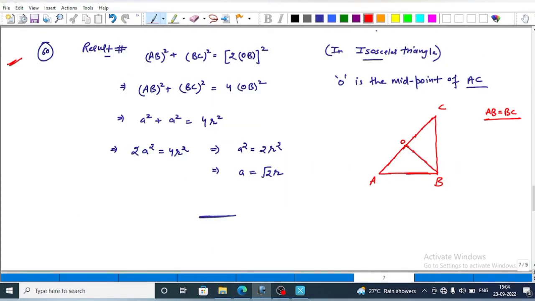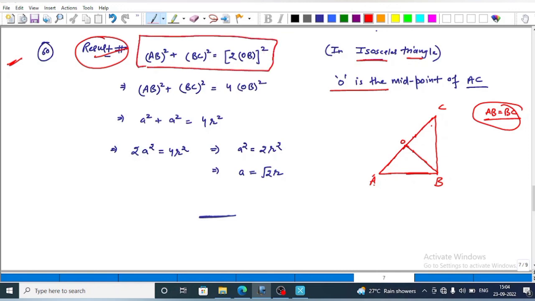In this question I use a result, because we are given that the triangle is isosceles, that is, in triangle ABC, such that AB is equal to BC, where O is the midpoint of AC. This implies that AB square plus BC square is equal to 4 times OB square. We use this result for this question.